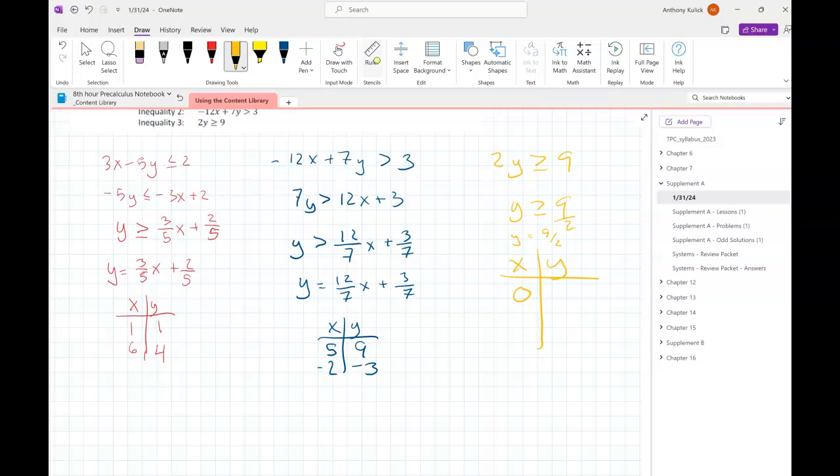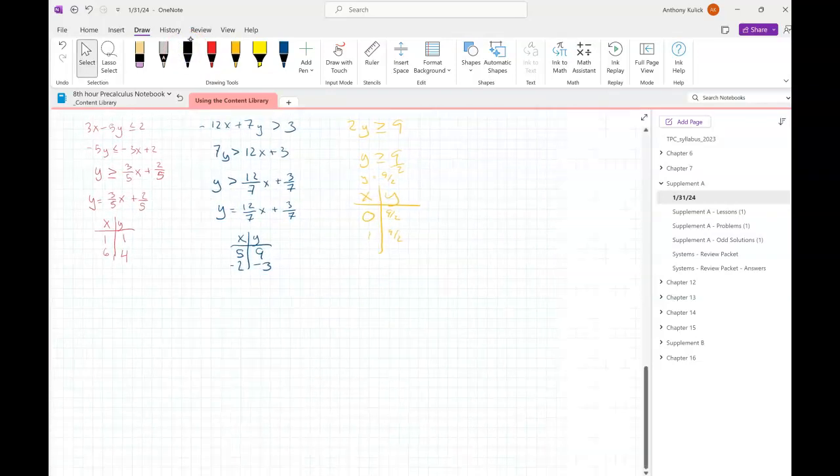No, but what does it tell me y is? Y is 9/2, right? So whatever x is, y is going to be 9/2. Yep, it's going to be a straight line. What kind of line? Horizontal or vertical? Very good. If it was x and no y, that'll be a vertical. Everybody feel all right? So far, so good?